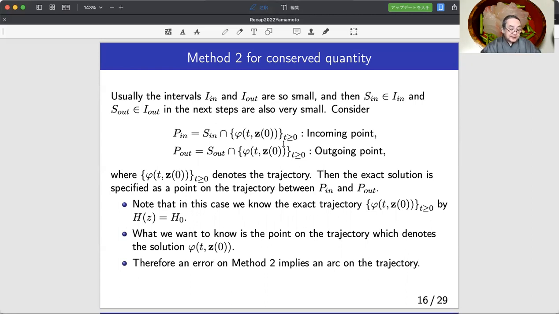Note that in this case, we know the exact trajectory by Hz equals H0. Then what we want to know is the point on the trajectory which denotes the solution. Therefore, an error in method 2 implies an arc on the trajectory.